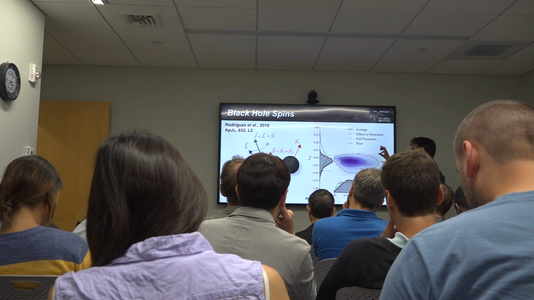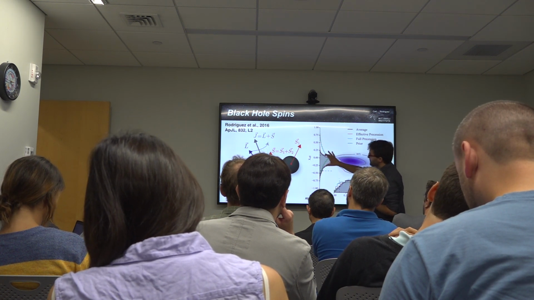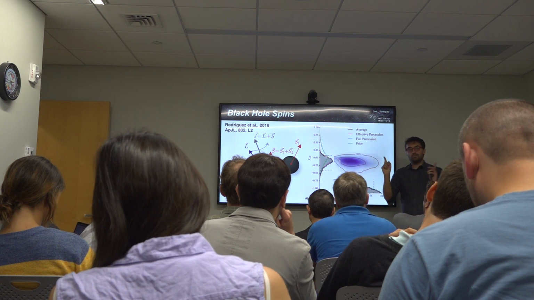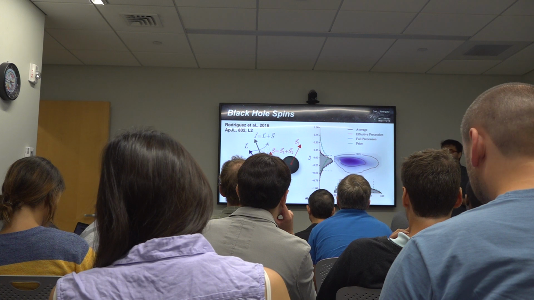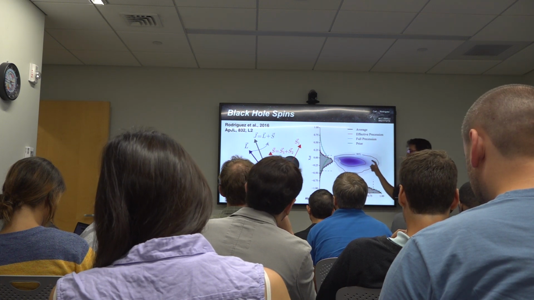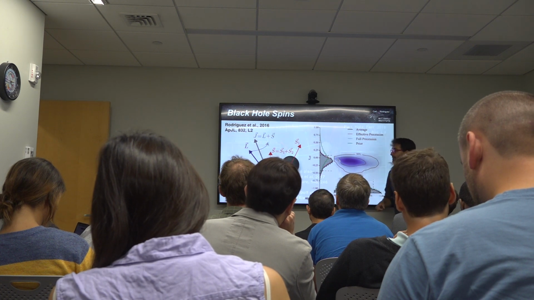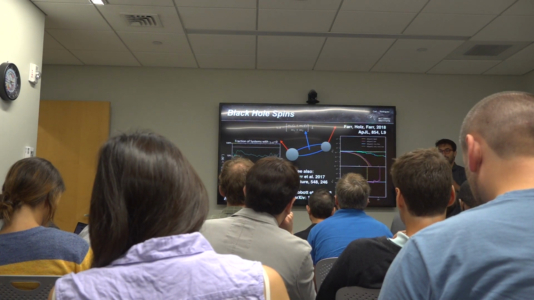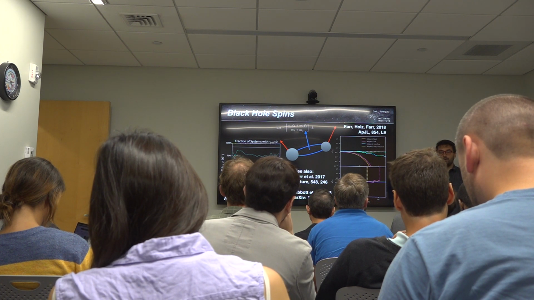You can see right here the posterior from one of the first 10 LIGO events, and they constrain really well the amount of spin projected onto the orbital angular momentum. So we thought we could use different measurements of chi-effective to distinguish between different formation channels. You would expect different spin orientations for black holes born in a binary versus black holes born in a dense star cluster.